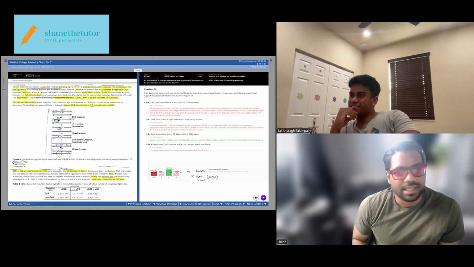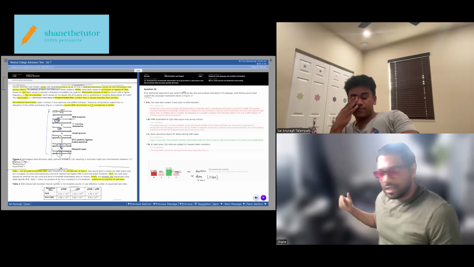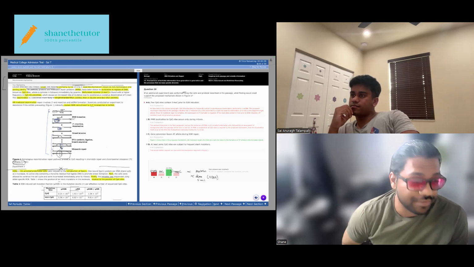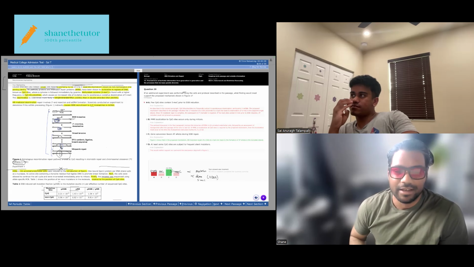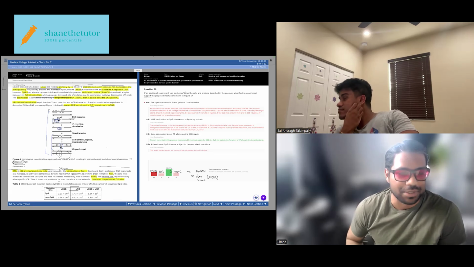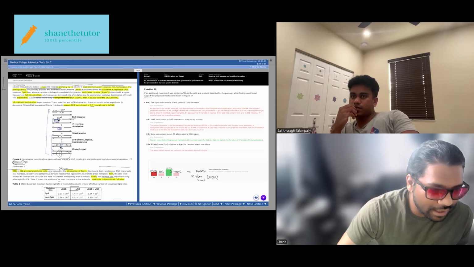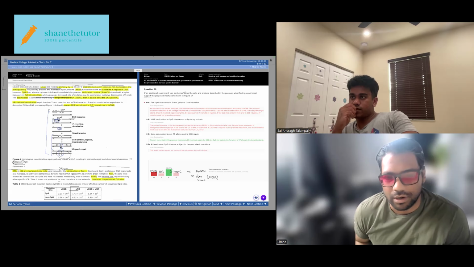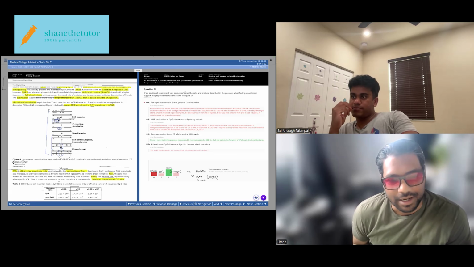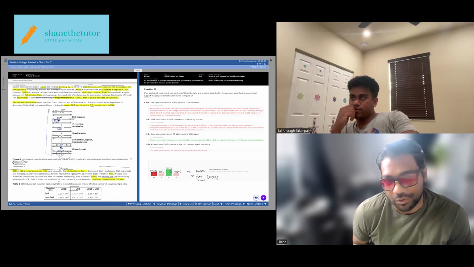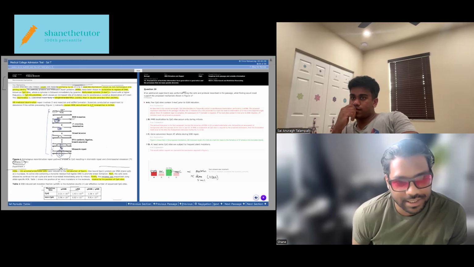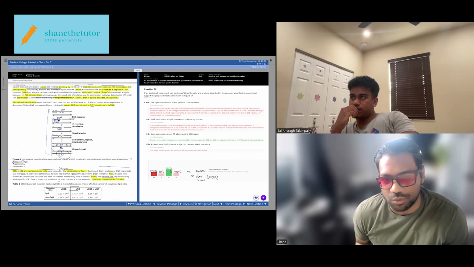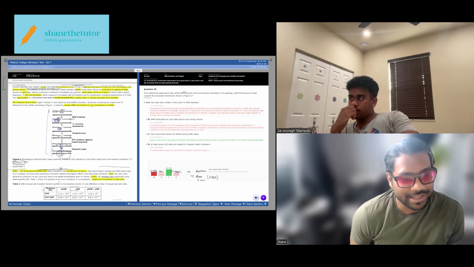Since the figure looks very complicated, I didn't look as closely at that, but when I did, I saw over here that ultimately you get your AT. They're really just asking which of the following findings would support the mechanism in figure one.